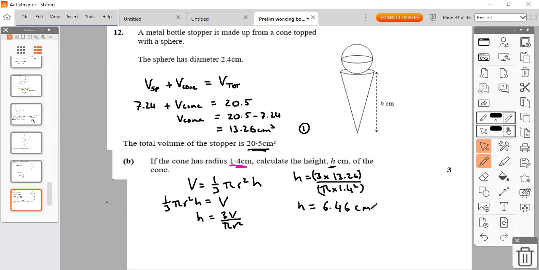Or when you've got a fraction like that, there's a fraction button on the calculator.